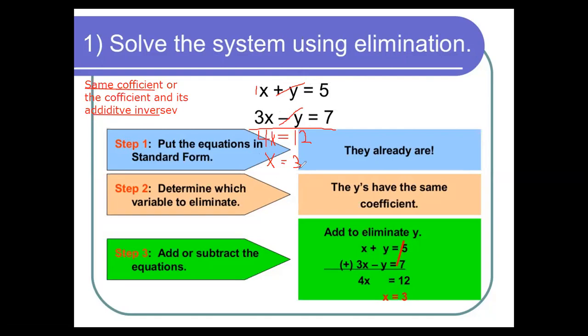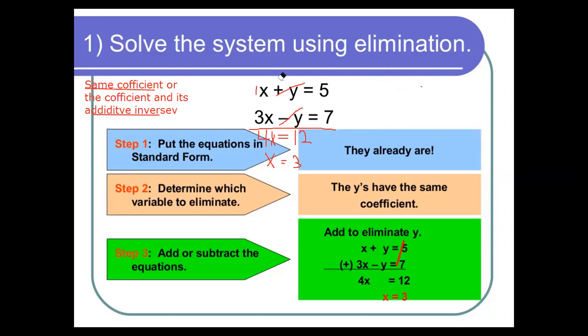So we will take x equals 3 and go back to the first equation. It will be 3 plus y equals 5, right?